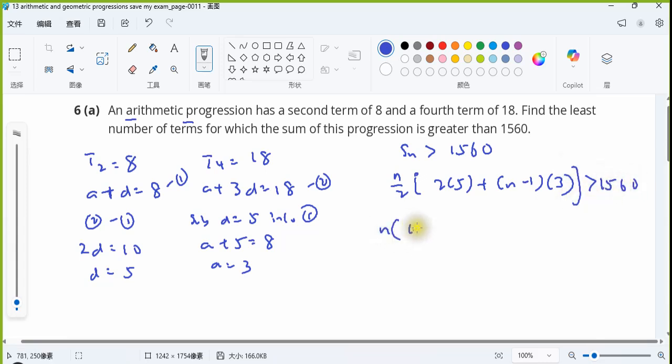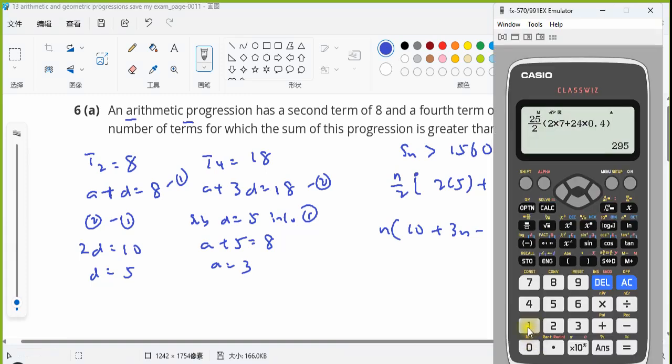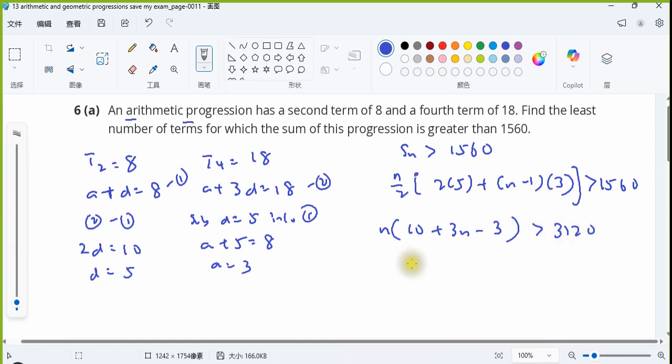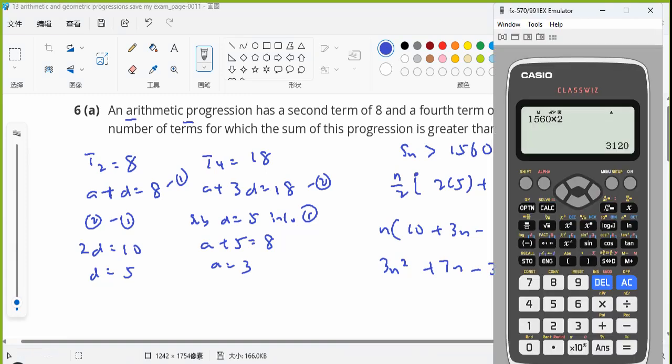So we have n times 10 plus 3n minus 3 greater than 1560 times 2, then we have 3120. So we have 3n squared plus 7n minus 3120 greater than 0.